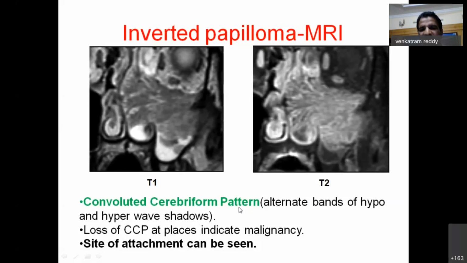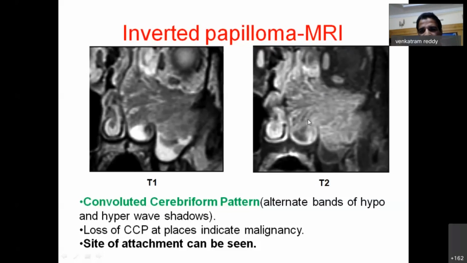This is called CCP, described radiologically as alternate bands of hypo and hyper waves. This is the very typical appearance of the convoluted cribriform pattern of inverted papilloma.